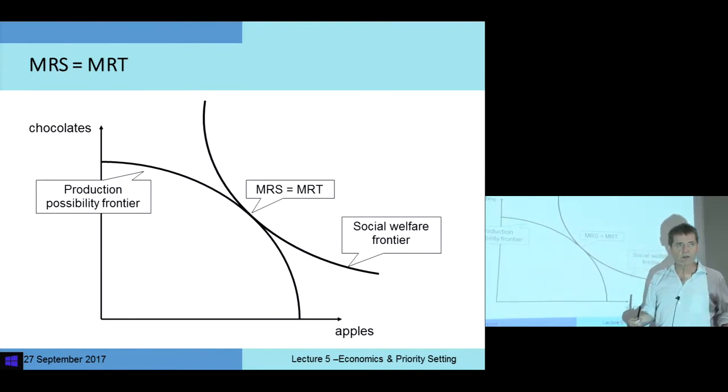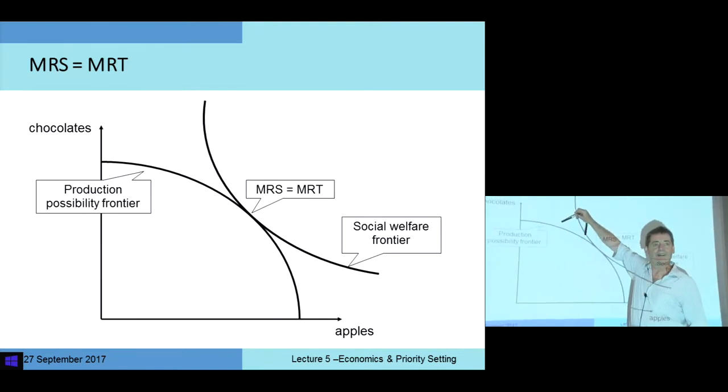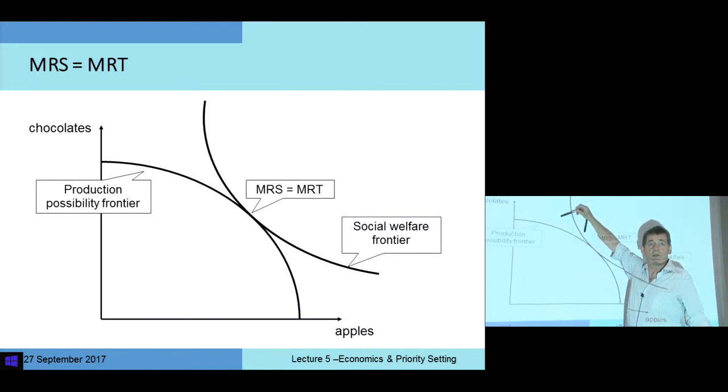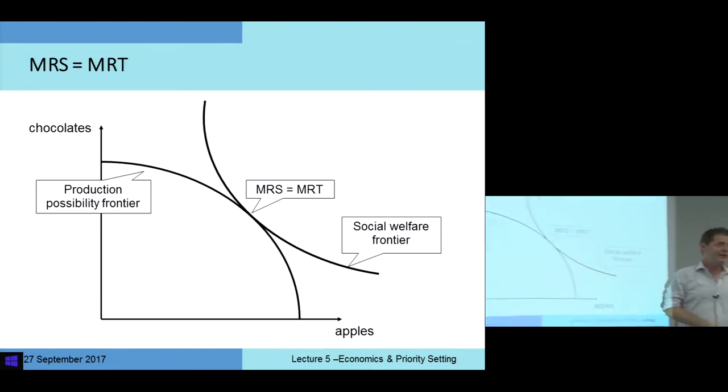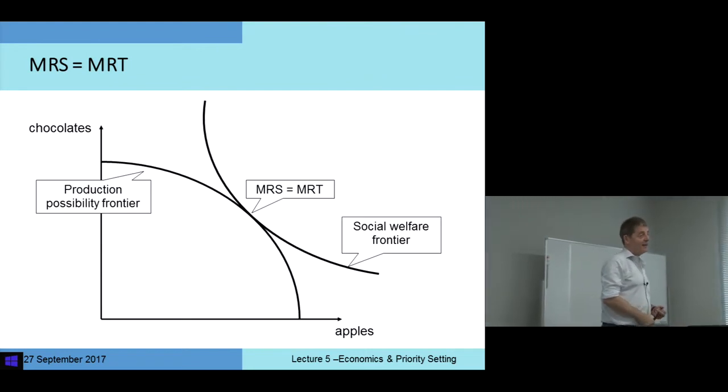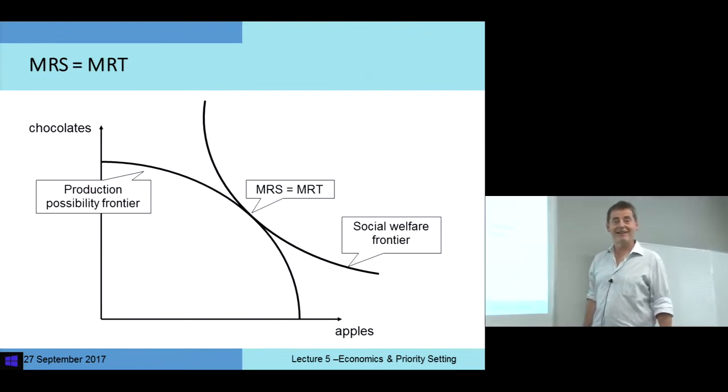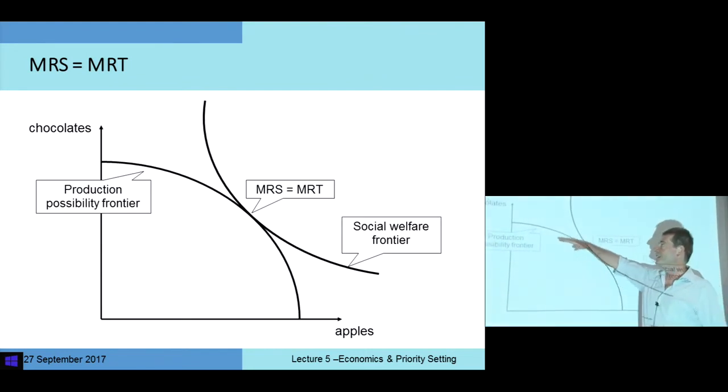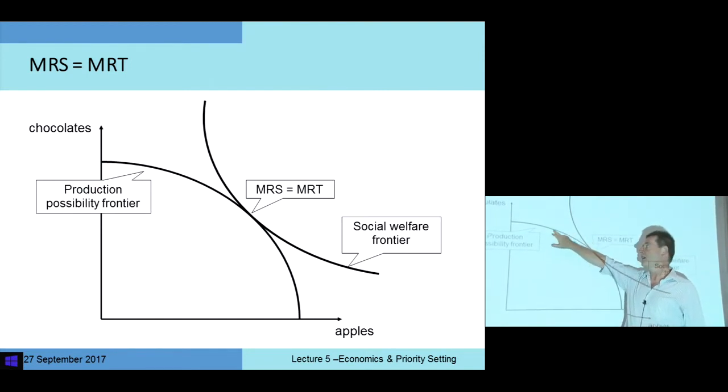What we can't do, we can't produce up here. Up here, the combination of apples and chocolate, we don't have enough resources to produce. So we can produce here. Well, the marginal rate of transformation in the economy is given by the slope of this frontier. Because the slope is showing, as we produce less chocolate, how much more apples we get.